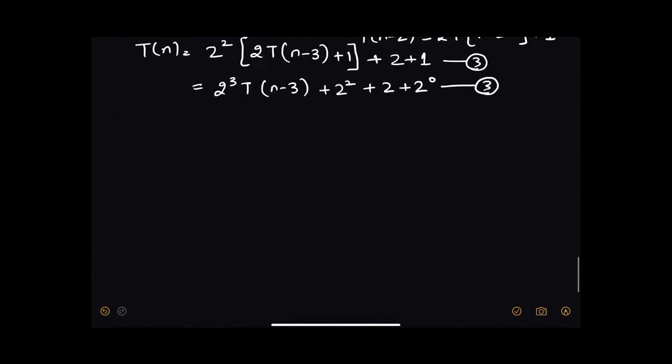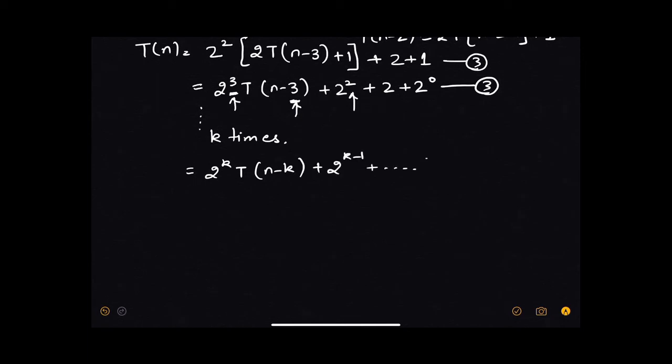Right. So as a general statement, if you check, when I have n-3, I get the power 3 over here. So if the whole process repeats k times until the stopping condition is met, this becomes 2^k T(n-k) + 2^(k-1), and the rest of the statement is 2 raised to the power of 2, 2 to the power of 1, 2 to the power of 0.